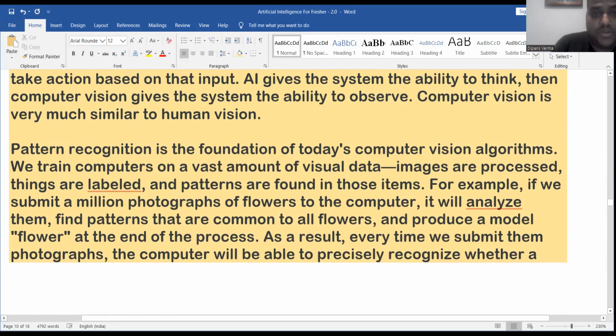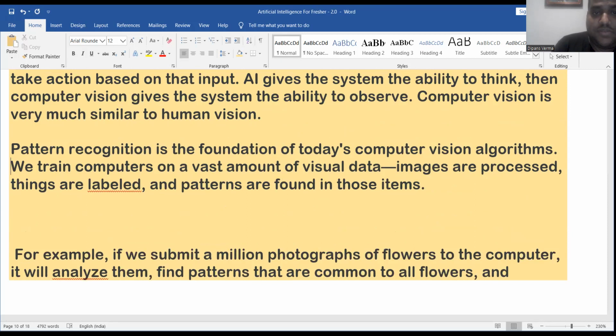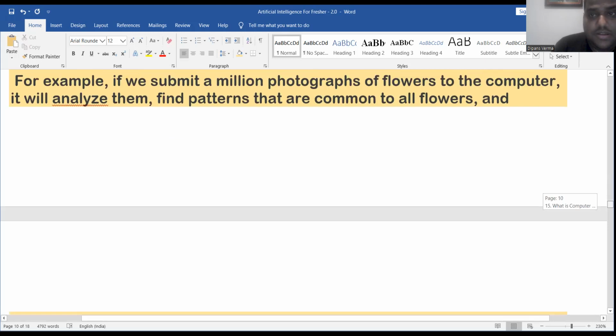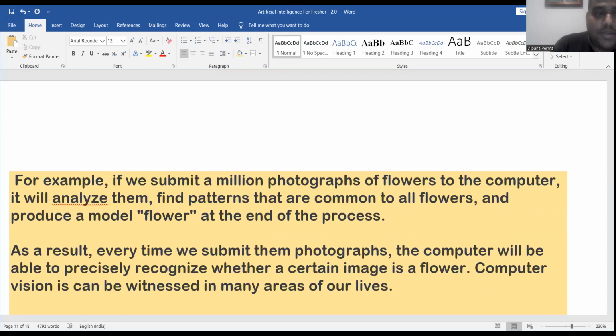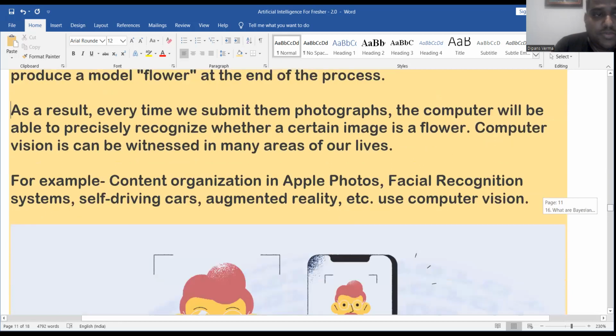Computer vision algorithms: you can say pattern recognition is the foundation of computer vision. We train the computer on a vast amount of data, images are posted and things are labeled, and patterns are found in those items, right? So I hope everybody is clear till here, right? It produces a model for flowers at the end of the process. As a result, every time we analyze them, we are trying to find the pattern, right, at the end of the process.